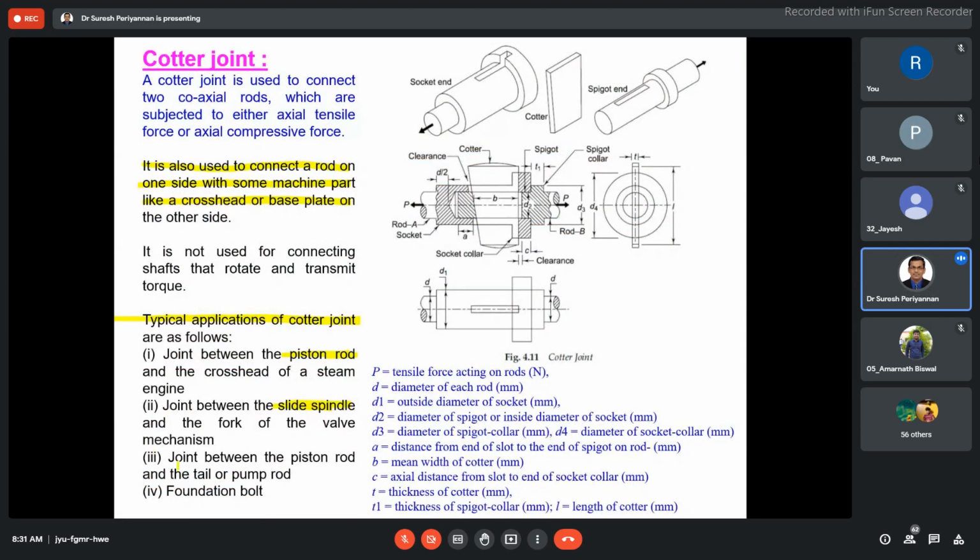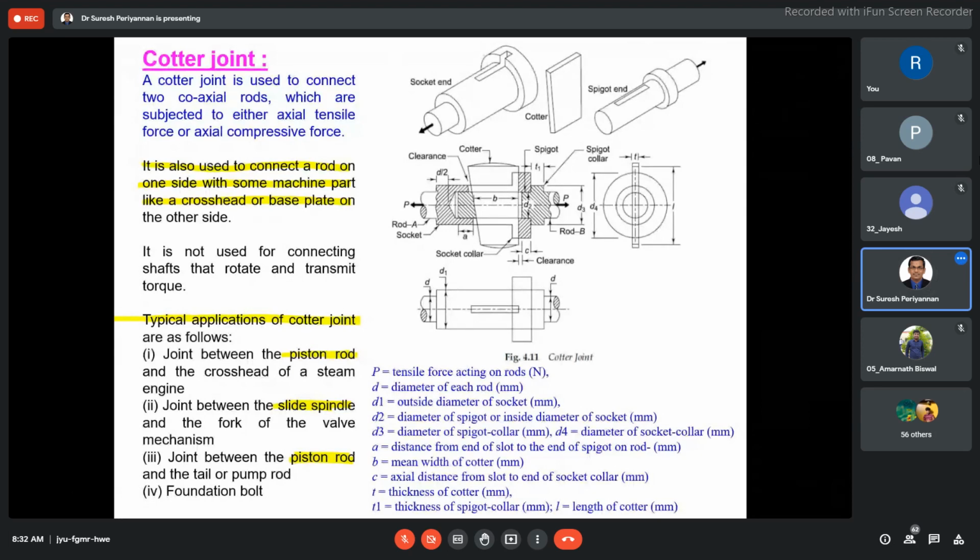Joint between the piston rod and the tail or pump rod. Here also sliding motion. So mostly we are using this cotter in a lot of applications, not for transmitting rotation. Mostly we are using this cotter for sliding motion or reciprocating motion.